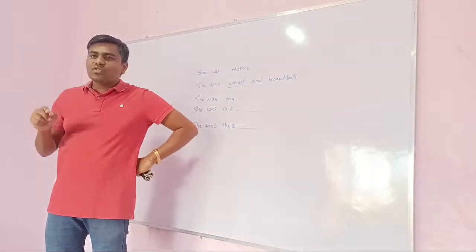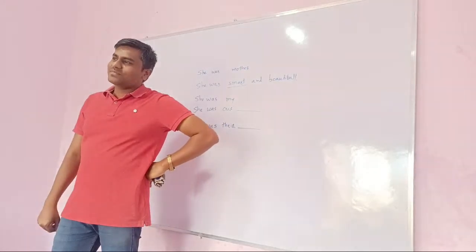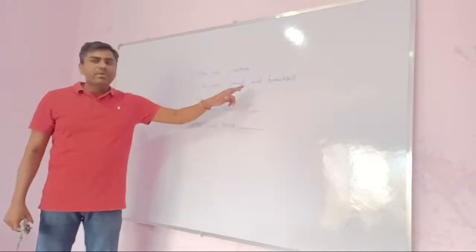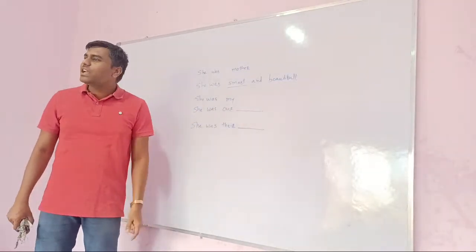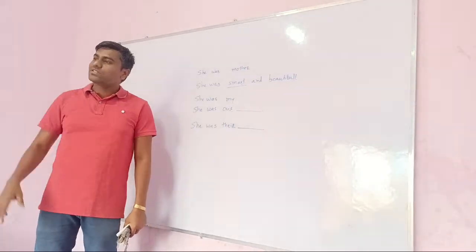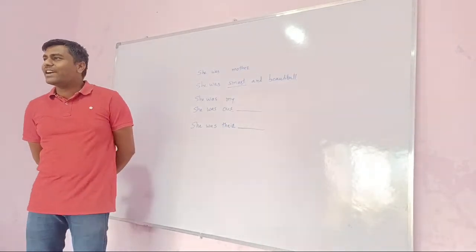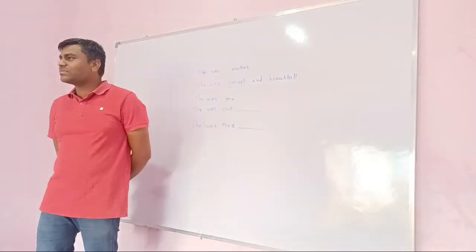It becomes 370. And if you are making smart, beautiful, my, our, your, their, then it becomes more than 3,000. And we have only how many sentences? 100 or at least 170.